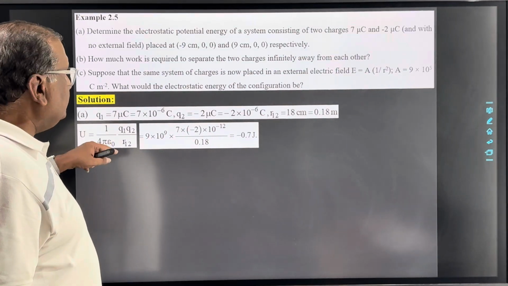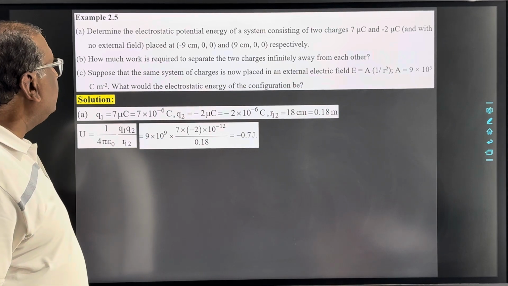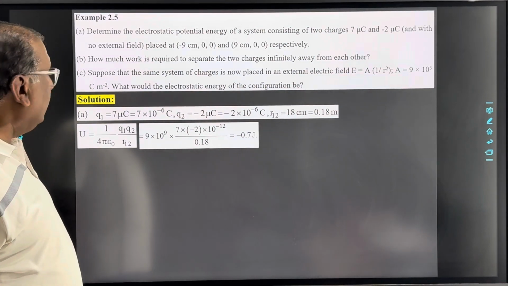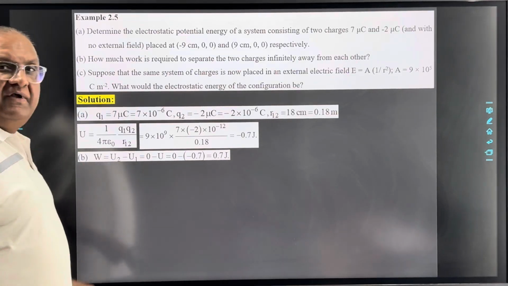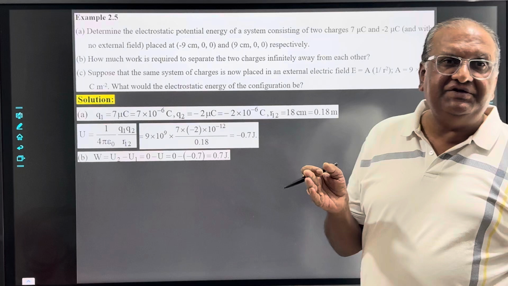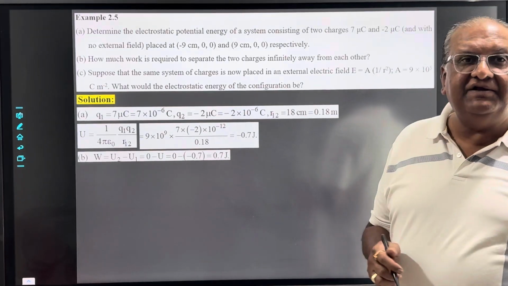Now, second question here. How much work is required to separate the two charges infinitely away from each other? Now, see here. If we separate these two charges infinitely away from each other, then for that, work done is the change in potential energy.